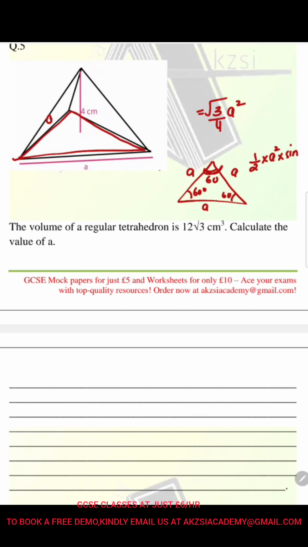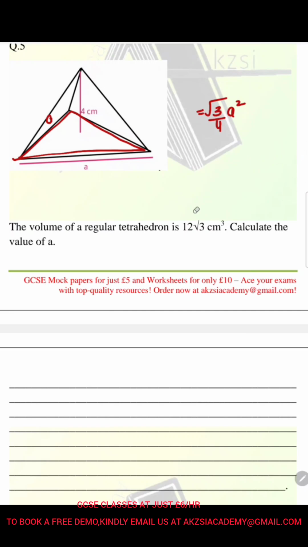You can take any 2 adjacent sides and the angle between them, which is sine 60 degrees. So it's going to be half times A squared times sine 60, which is root 3 over 2. Finally, you'll get root 3 over 4 A squared, which I already told you. This is how you can calculate the area of a triangle.